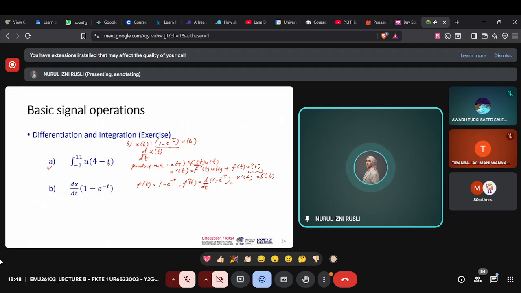Again, try to look back at the derivation rule for exponential. What you get is the same exponential term, minus exponential minus t, but you have to multiply by the constant for the t, which is minus 1. So in the end you have exponential minus t.